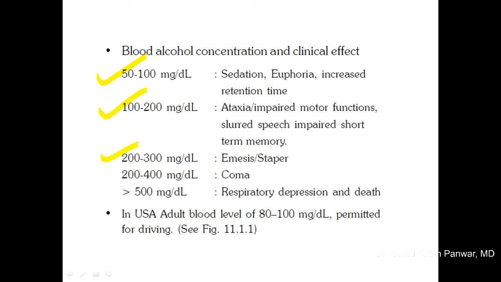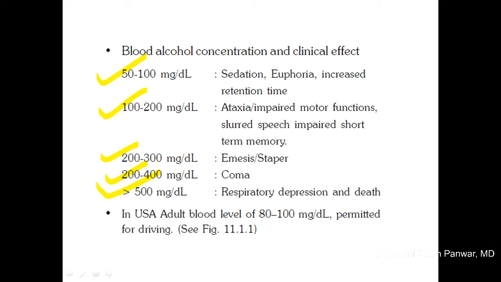If it is 200 to 300 milligram per dl, it produces emesis and stupor. If it ranges between 300 to 400 milligram per dl, coma may be produced. And if it is above 400 milligram per dl, then definitely respiratory depression and sometimes death may occur.